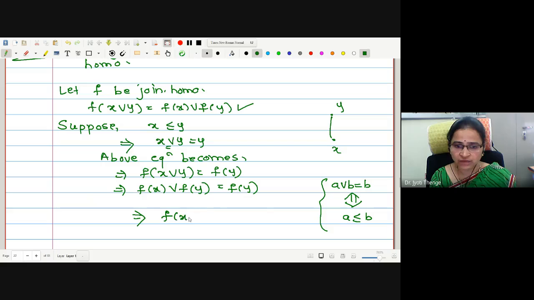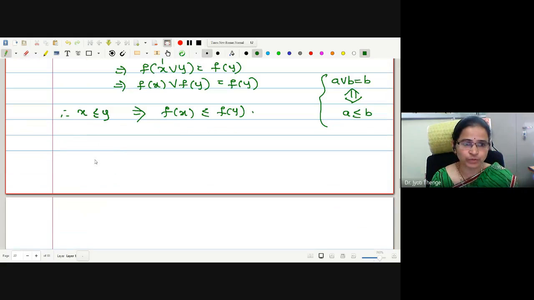Therefore, may I write f of x precedes f of y? Correct? Therefore, if f is a join homomorphism, we have shown that x precedes y implies f of x precedes f of y. Therefore, f will automatically be an order homomorphism.